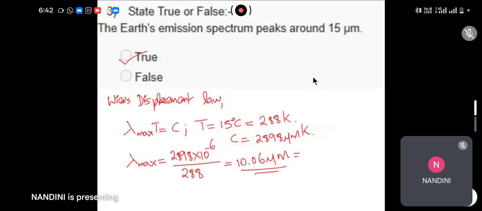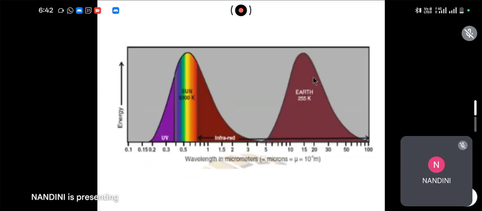If we are considering that the earth is having a temperature of around 255 Kelvin, then we will get that the emission peaks at a wavelength of around 15 micrometer. So this is basically in the infrared region of the spectrum. So in case of sun, the radiation peaks in the visible range, whereas in case of earth, it peaks in the infrared range of the spectrum.